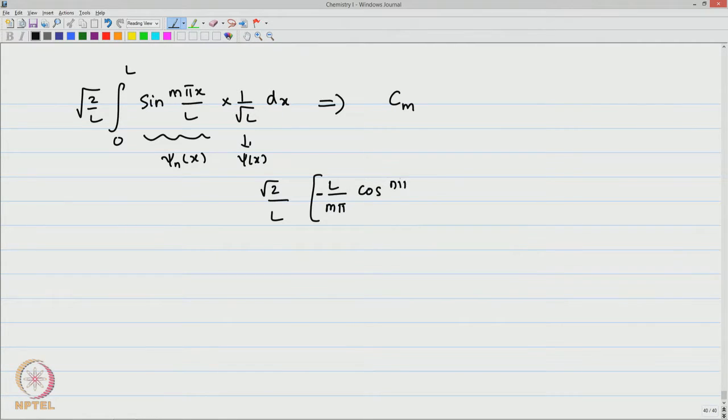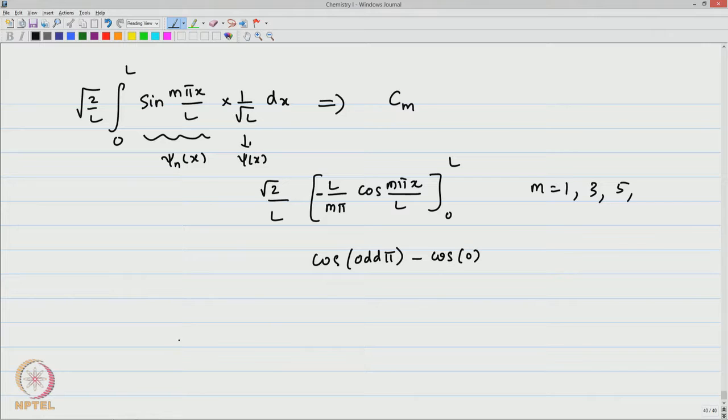with a minus sign, cos m pi x by L between the limits 0 to L. Okay. And cosine m pi x by L between 0 to L, if m is 1, 3, 5, etc., this is non-zero, because it will be cosine of odd pi minus cosine 0.